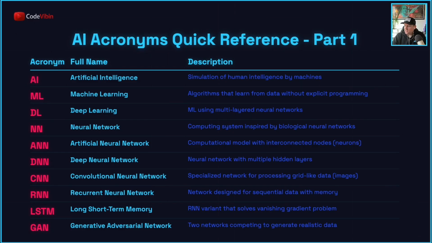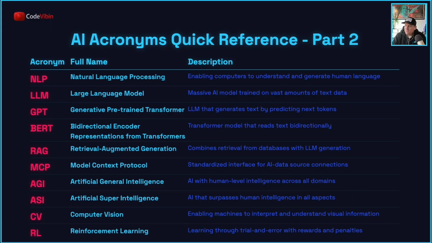Let's go to part 2 of the AI acronyms. NLP, natural language processing. So enabling computers to understand and generate human language. LLM, large language models, massive AI model trained on vast amounts of text data. GPT, generative pre-trained transformer, LLM that generates text by predicting next tokens.